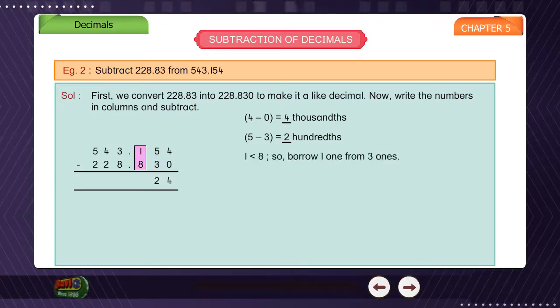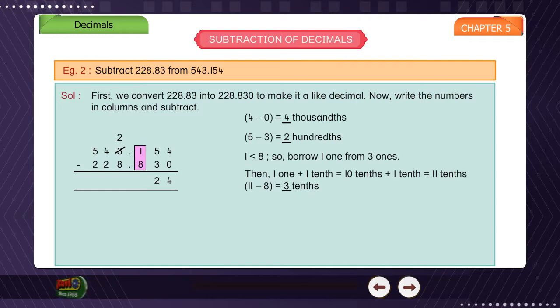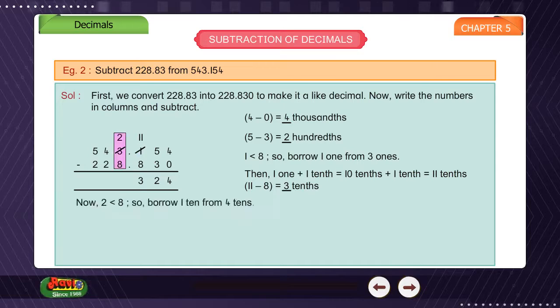1 is less than 8, so borrow 1 from 3 ones. Then 1 plus 1 tenth is equal to 10 tenths plus 1 tenth is equal to 11 tenths. 11 minus 8 is equal to 3 tenths. Now 2 is less than 8, so borrow 1 ten from 4 tens.